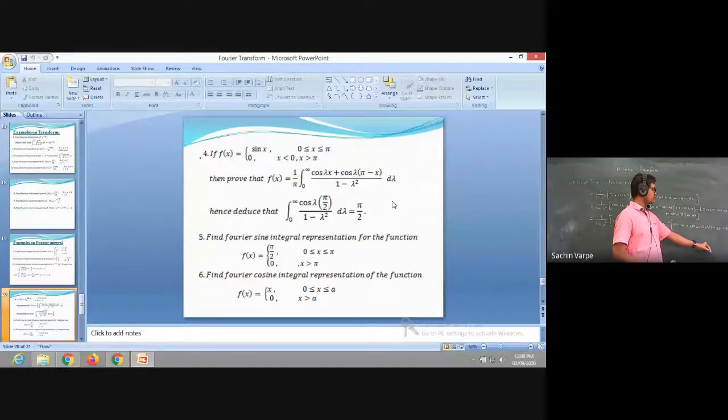So what I'm trying to say, that is 1 upon 1 minus lambda square into cos of lambda x plus cos of lambda into pi minus x, plus i into sin lambda x plus sine of lambda into pi minus x, because this is sin A minus B.